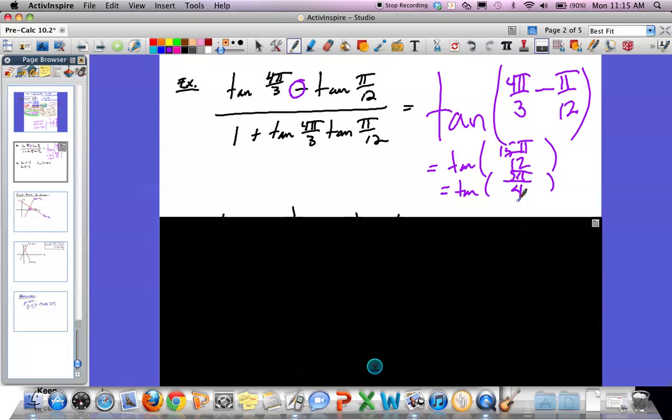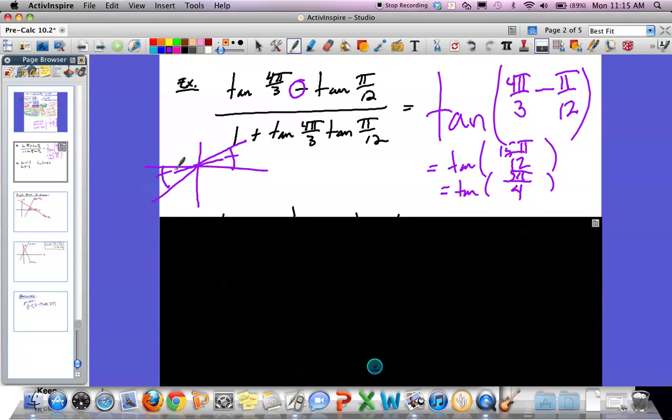5 pi over 4 references to pi over 4. It references to an angle in quadrant 1. So you think about how far it is from the x-axis. 5 pi over 4, right, is like this. So the angle that we're talking about is this angle right here. We say, what does it reference to? Because we know vertical angles, that one's the same. It references to pi over 4. You're in quadrant 3, so the tangent is positive.